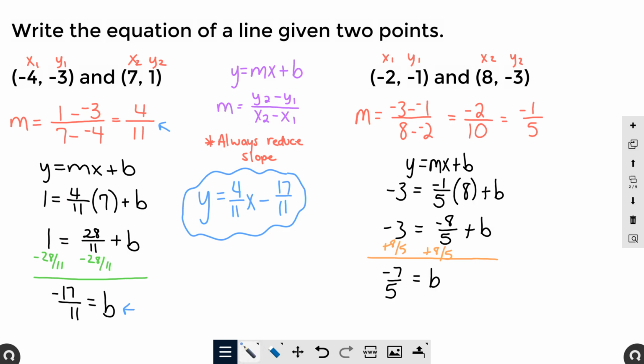And then a final thing that we want to do is write it as an actual equation. We found m, we found b, so y equals negative 1/5 x minus 7/5 because it was another negative number.